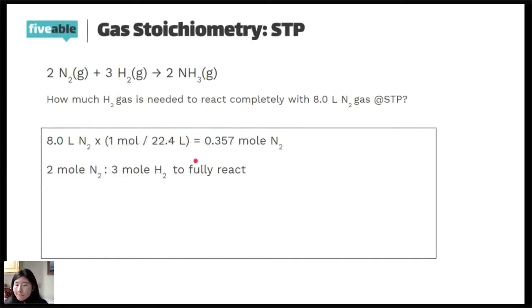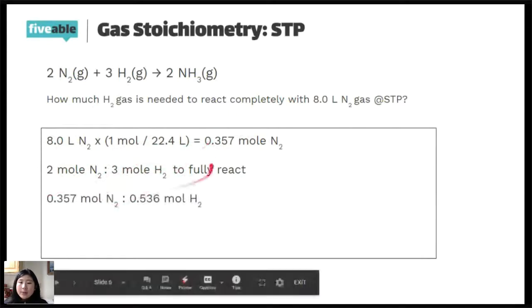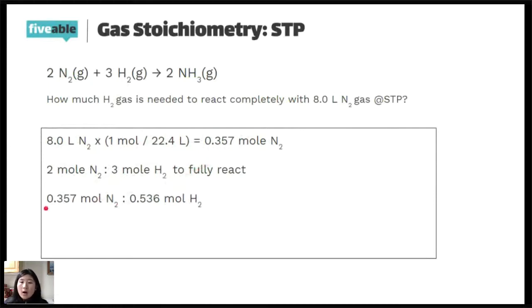So now if we put 0.357 moles of nitrogen here, with the same ratio going on, then 0.357 moles of nitrogen gas is going to react completely with 0.536 moles of hydrogen gas.